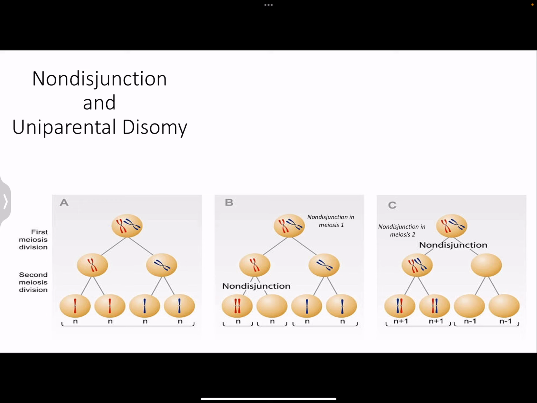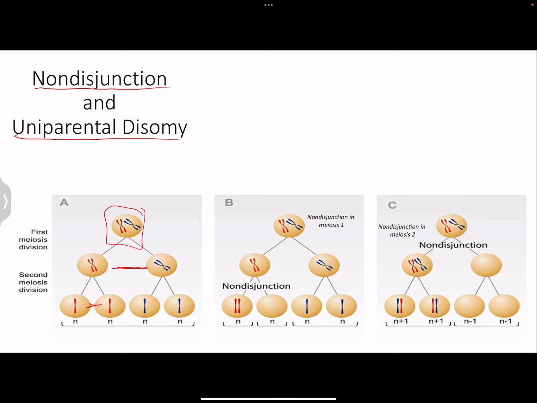So an idea which synergizes with this relatively well is uniparental disomy. That's probably a new term to you, but you probably learned in undergrad the concept of non-disjunction. So during meiosis, we are going to separate the homologous chromosomes first, and then we are going to separate the sister chromatids.